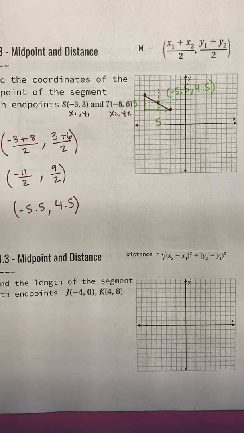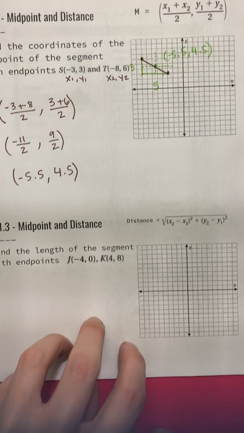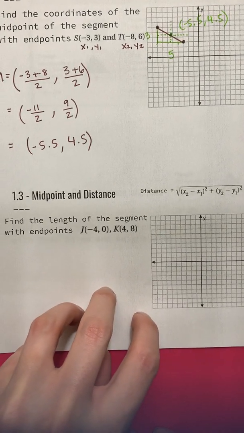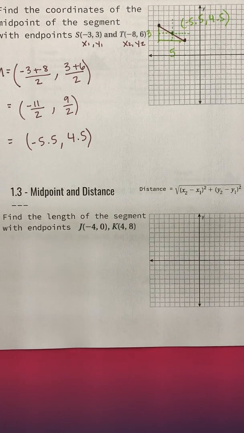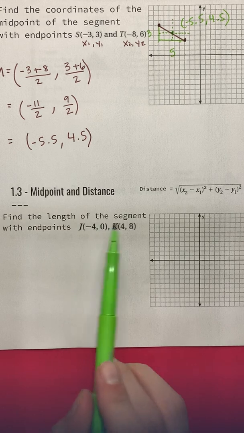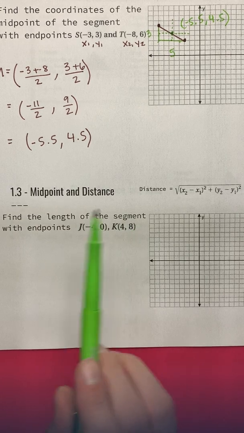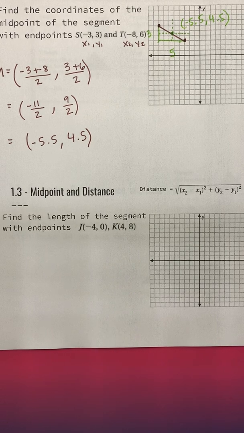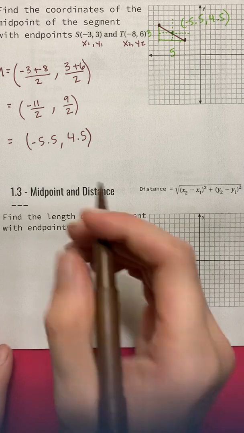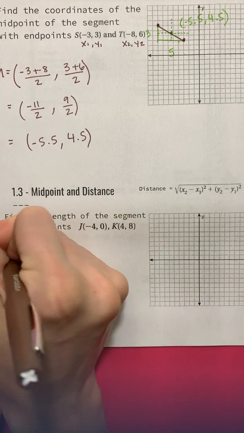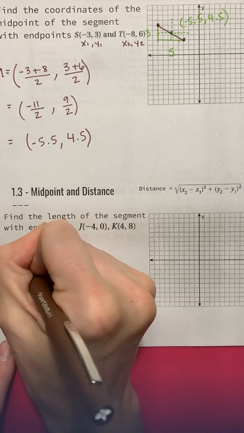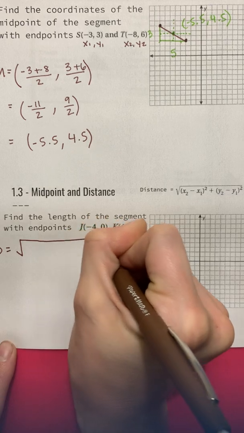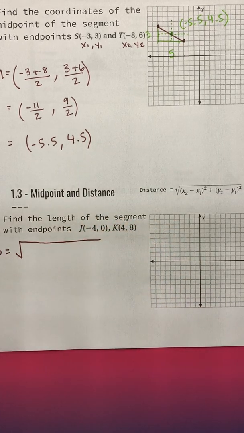All right, next problem is we're going to find the distance. Okay. So find the length of the segment with these endpoints. So -4, 0 and 4, 8. Okay. If you choose to use the formula, okay, distance equals square root. Okay, and then I need to label those.